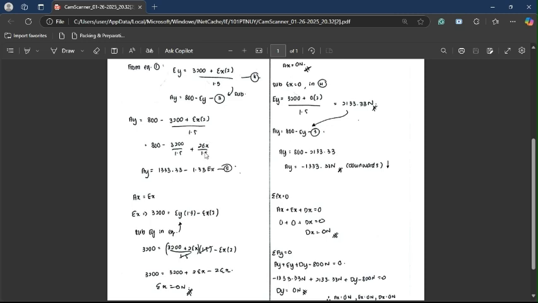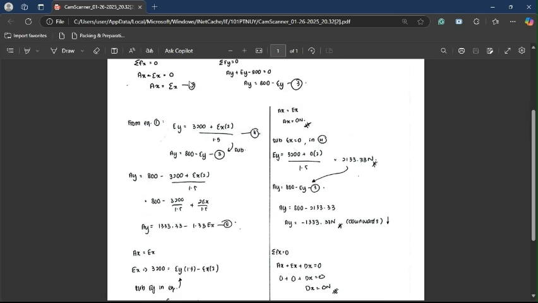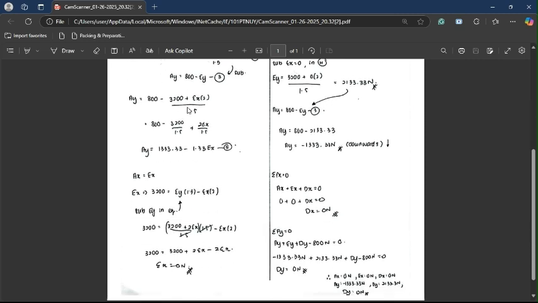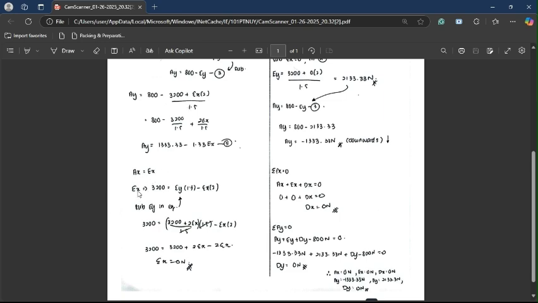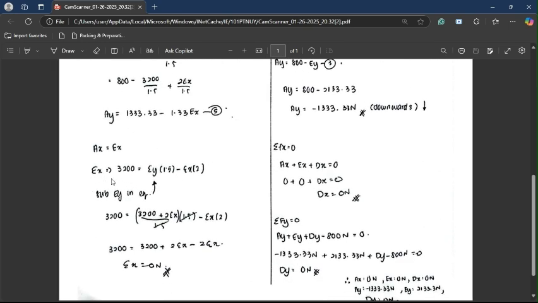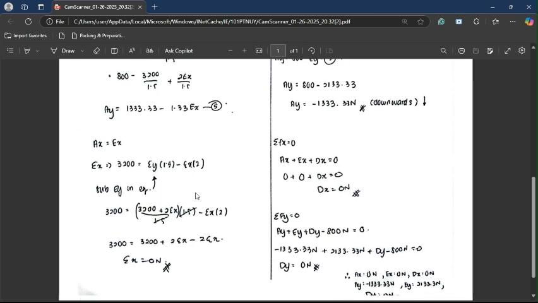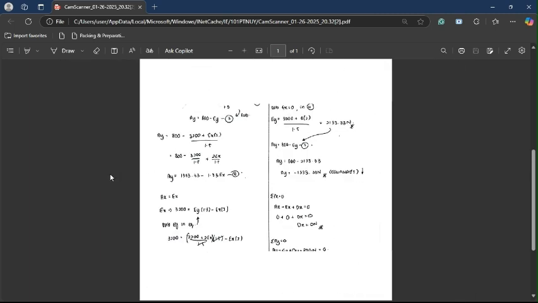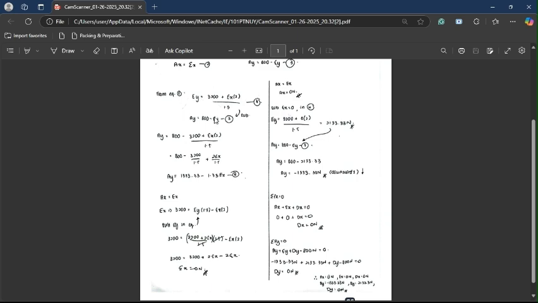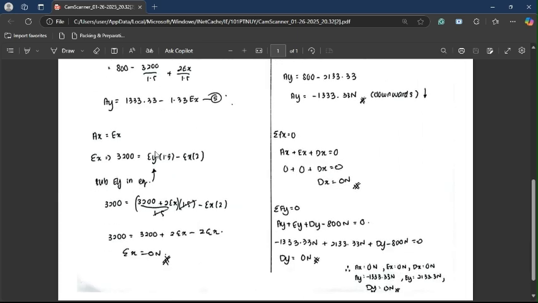Going back, now we're going to use equation 2 to find Ex: 3200 equals Ey times 1.5 minus Ex times 2. So we sub the Ey into this equation.